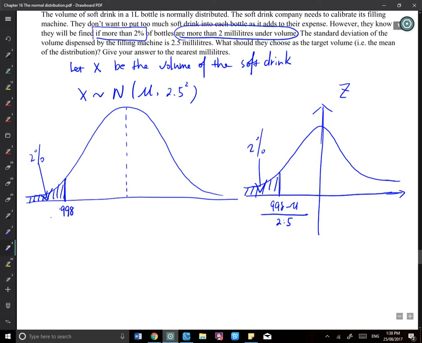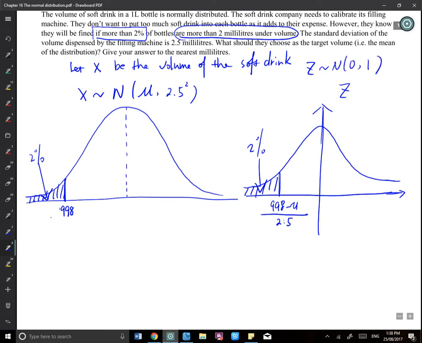All the area to the left of that point should be the same. That's what we mean by standardized. What you know is that Z normal has mu 0 and standard deviation 1.